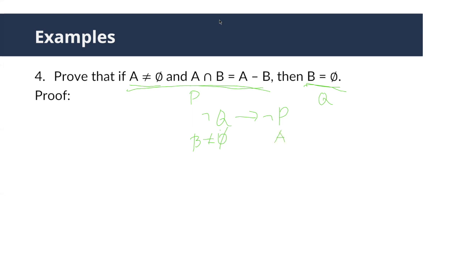Not P becomes A is empty or A intersect B is not equal to A set minus B. Now again, we run into the problem of proving A is empty. As I mentioned in the direct proof, it's not easy.